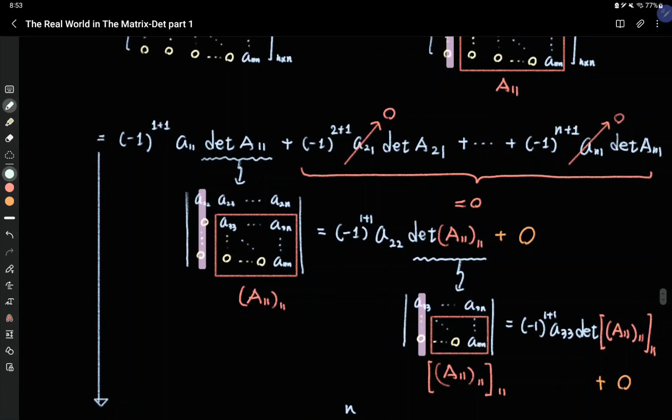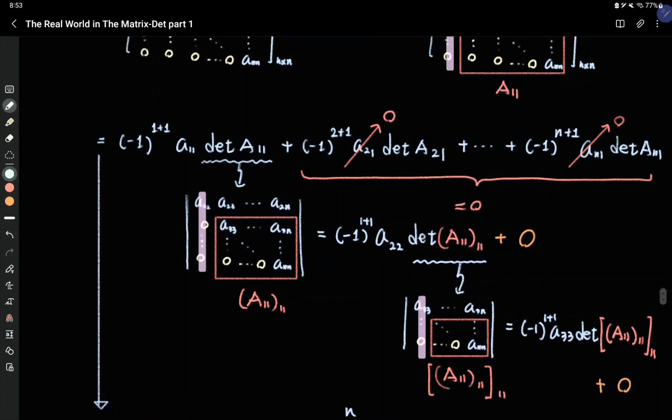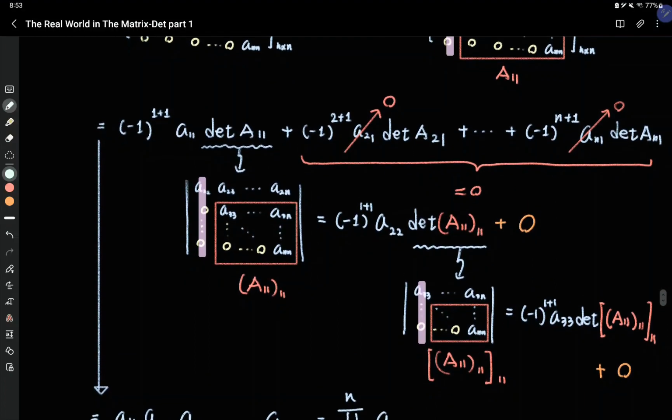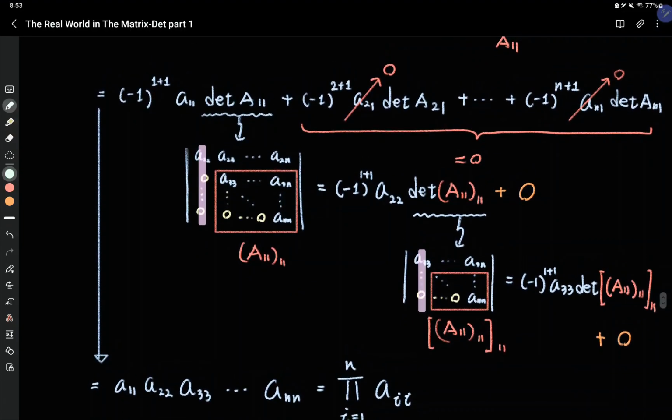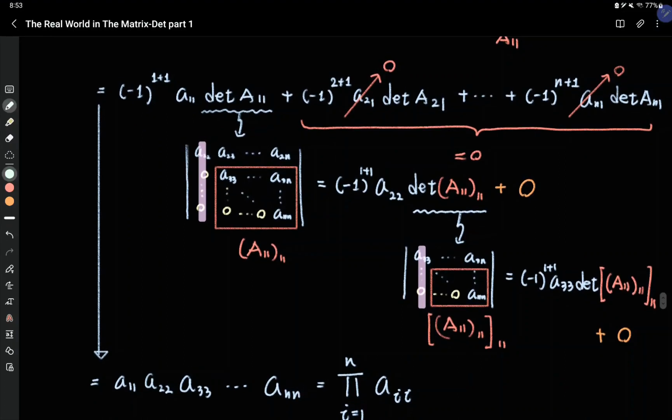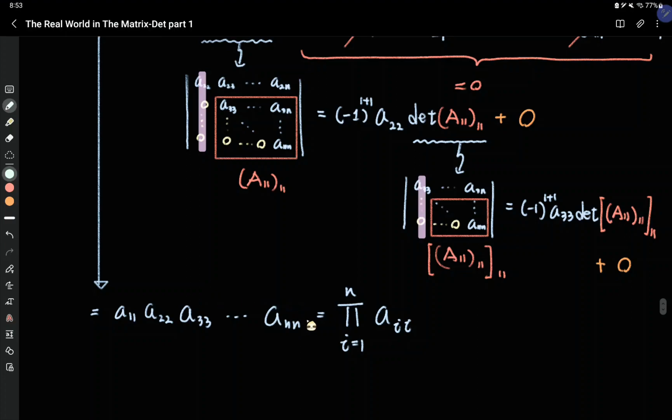Now continuing down to the last one, we get the submatrix A N N, and the determinant of A N N is A N N. So this is equal to negative 1 to the 1 plus 1, which is negative 1 squared, which is 1, times A11, and then the product of A22 through ANN.